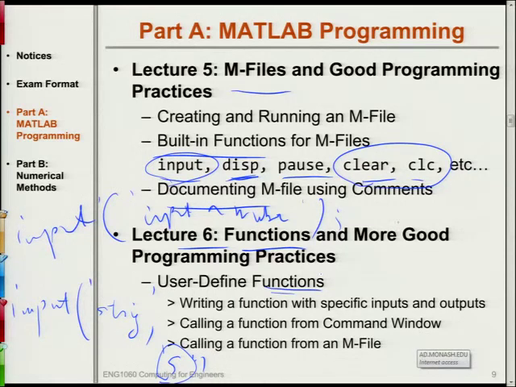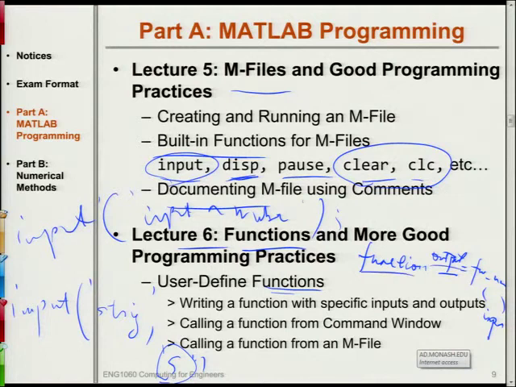So when you create a function, you open an M file, you write function, followed by the output argument, then the function name with the input arguments. You can have multiple output arguments and multiple input arguments.